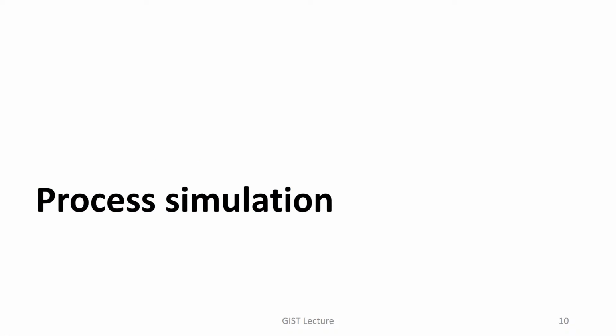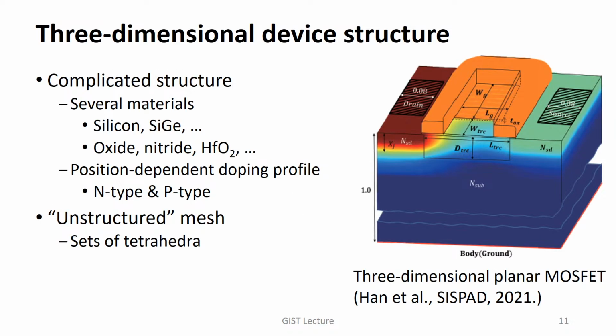So I have prepared quite a few slides for device simulation and process simulation. This figure just shows a planar MOSFET. You know, planar MOSFET is already an old technology. However, even in this planar MOSFET, the structure is not that simple.